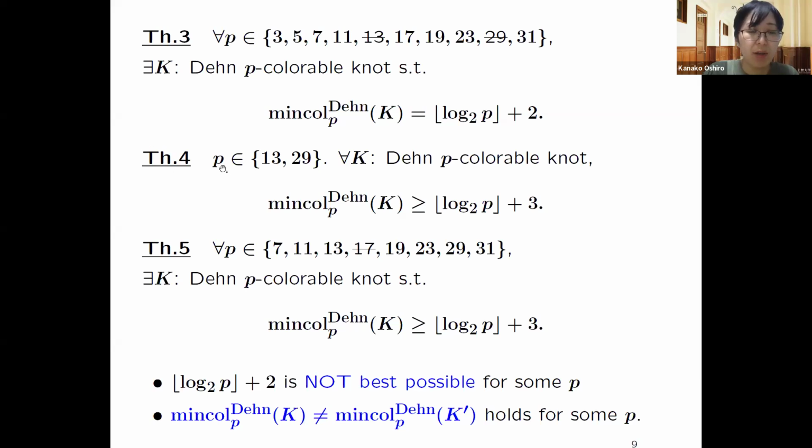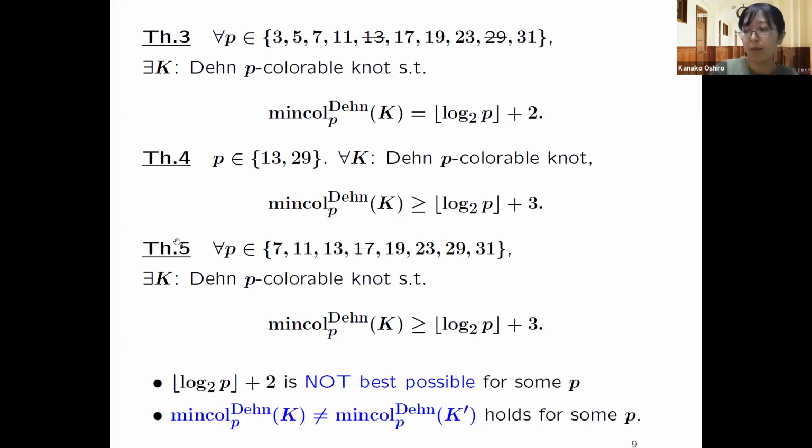Theorem 4: when p is equal to 13 or 29, for any Dehn p-colorable node K, the minimum number of Dehn p-colors of K is greater than or equal to the floor function of log 2 p plus 3.